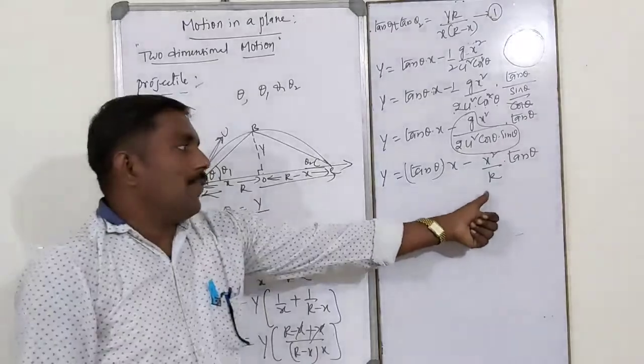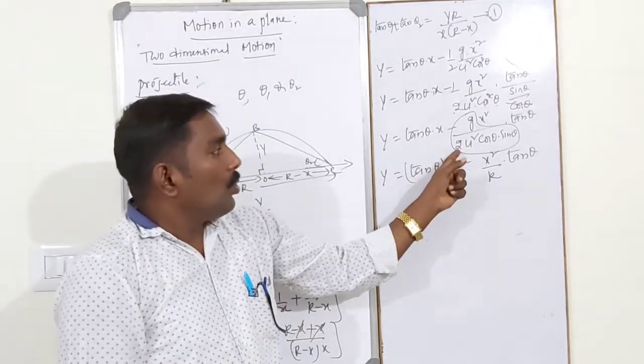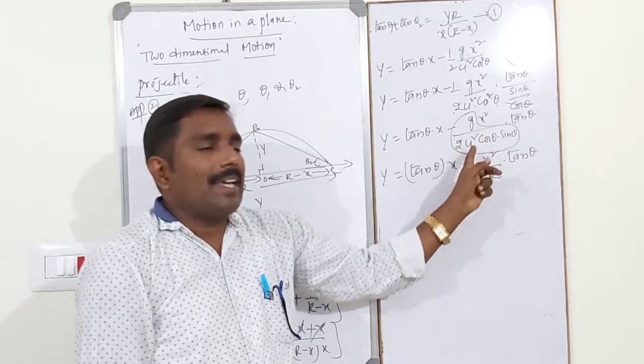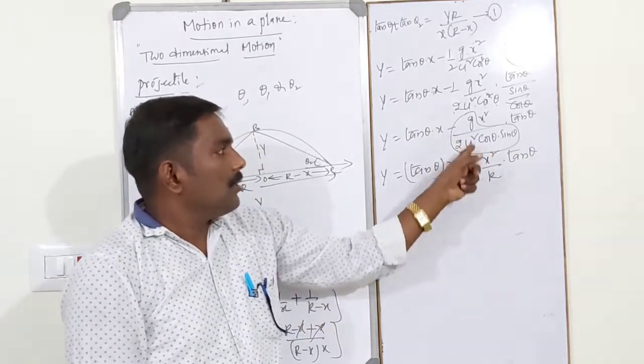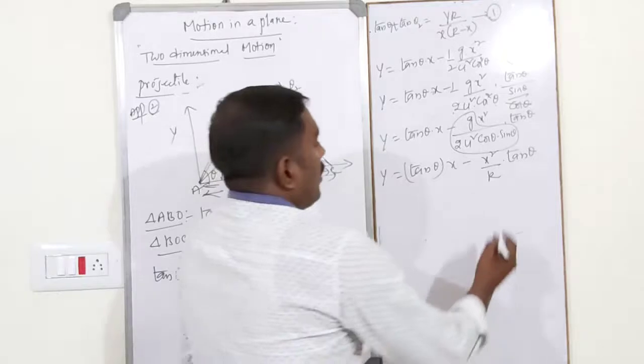Dear student, what is the value of r? r is equal to u square sin 2 theta by g. This is the same term. This is r. Okay.